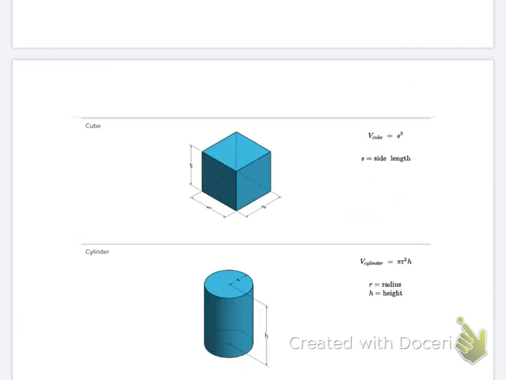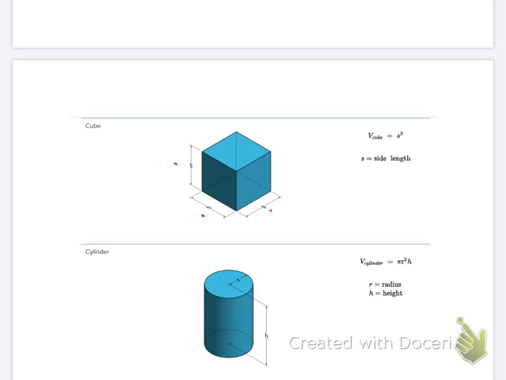Okay, here are two more formulas that are going to be needed. One is for cube, so volume is always going to be in cubic units, whatever the units might be. Your end result is going to be something cubed. Okay, so that's one thing to know. The side length is going to be consistent all the way around since it's a cube.